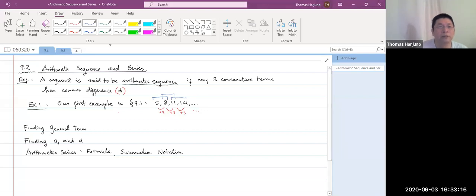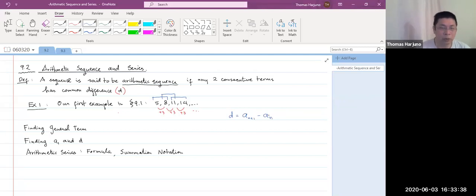This difference d is usually defined to be the next term minus the current term. In this case, the next term minus the current term is 3.